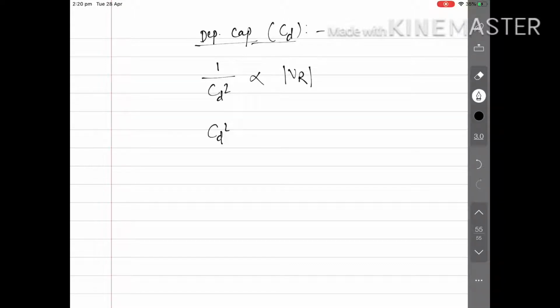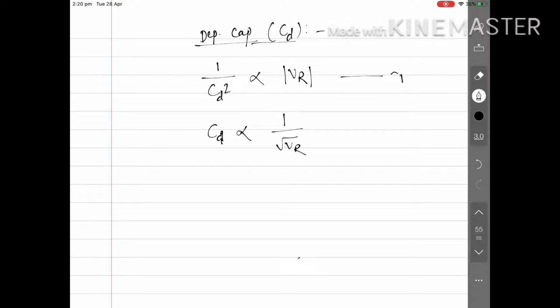First I will go through this depletion capacitance, right? So let me denote it as C subscript small d. For the depletion capacitance, we know that the equation is 1 over C_d whole square is proportional to reverse bias voltage, right? It can also be written as C_d is inversely proportional to under root V_R.